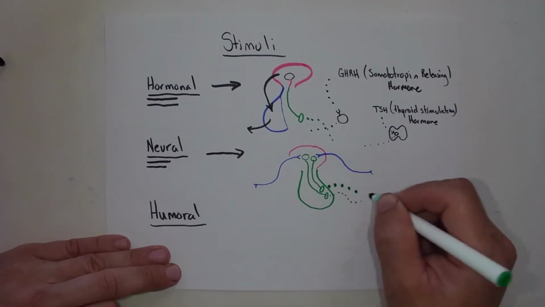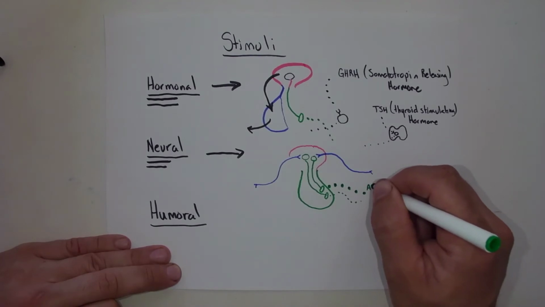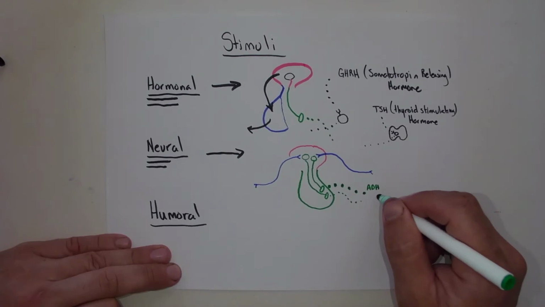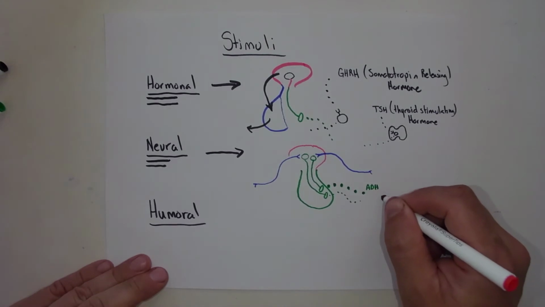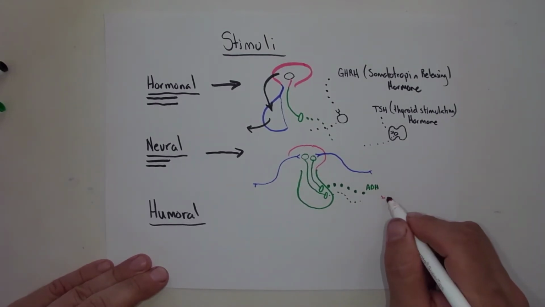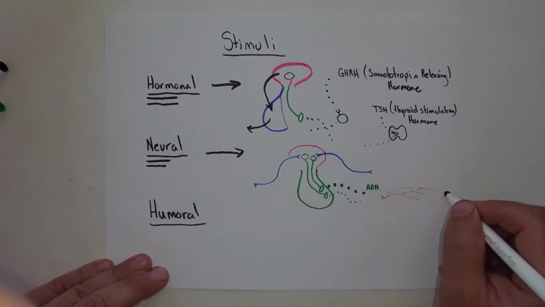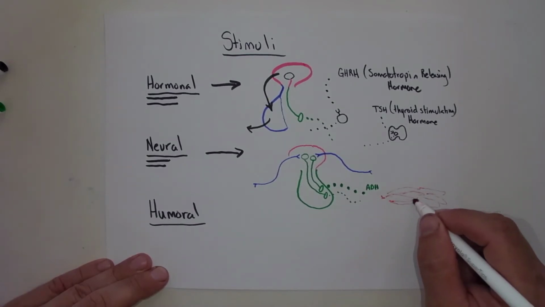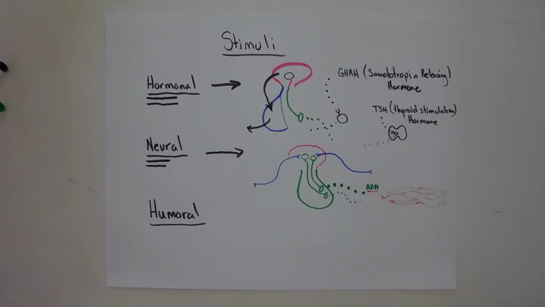It's going to release antidiuretic hormone in big quantities. And when we have larger quantities, we can even bind to the low affinity receptors in smooth muscle of a blood vessel and get this smooth muscle to contract. That's the namesake for vasopressin, another name for antidiuretic hormone. This is all neural stimuli.